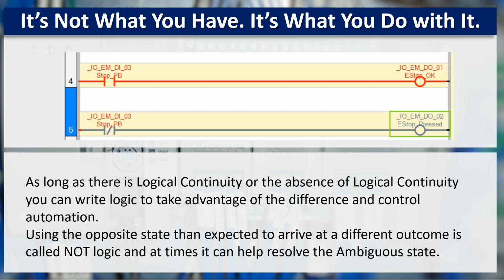We have two rungs here, both examining our stop push button. The first one, we're using the normally open, look for a voltage, which it finds, and it turns on output digital output 01. E-stop is okay. The second one says look at the same stop button and look for a 0.